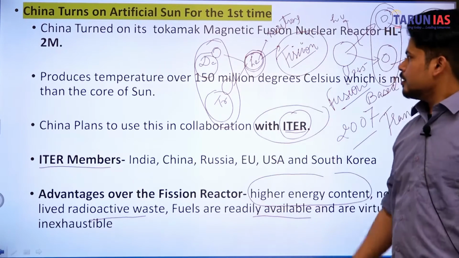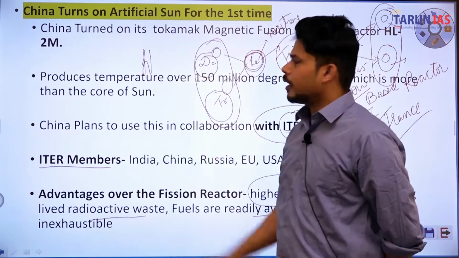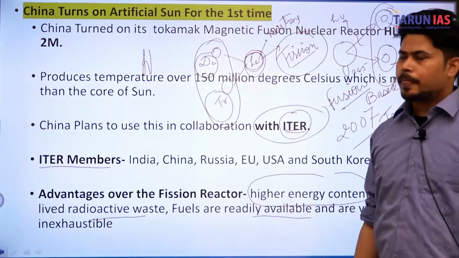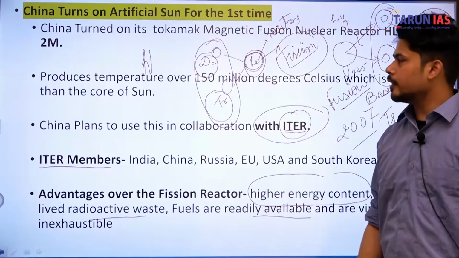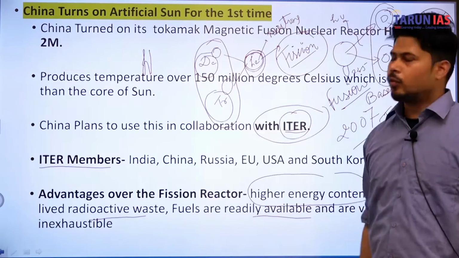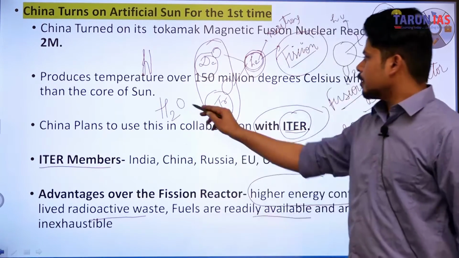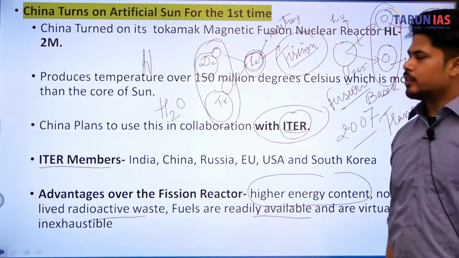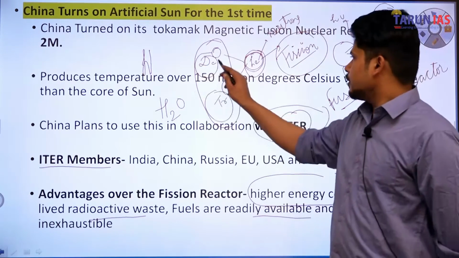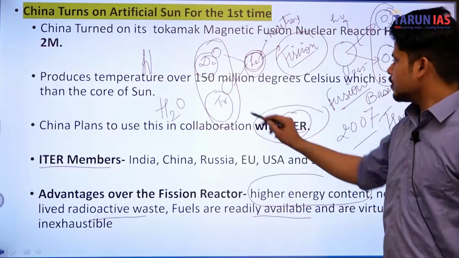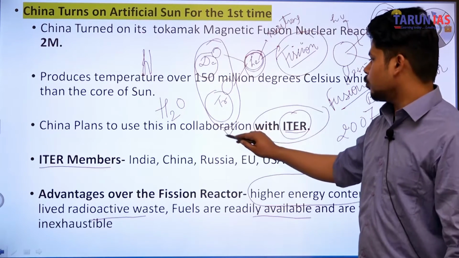These are basically what? Isotopes of hydrogen. Hydrogen is very abundant on our earth. It can be easily obtained from water also, like from electrolysis of water. H2O, if we electrolyse it, we can easily obtain hydrogen and oxygen. Fine. And from them we can make these isotopes. So fissile material is easily available. This is one of the greatest advantages.